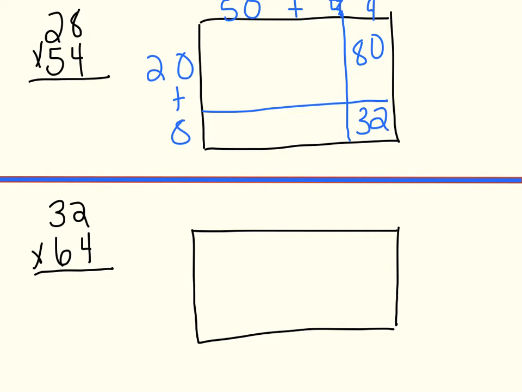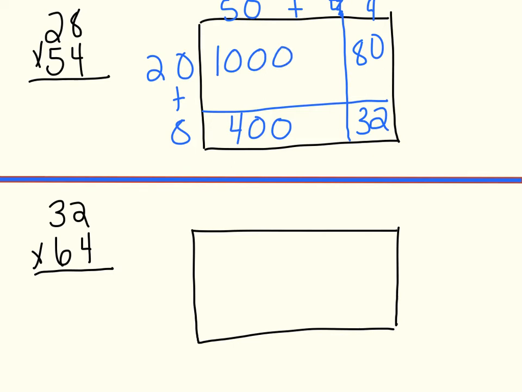And then I'm going to move over and do my 10s times my 1s. So that would be 50 times 8 in this box. And 50 times 8 would be 400. And then I'm going to multiply 50 times 20 in this final box. And 5 times 2 is 10, and we add 2 zeros onto that, follow our pattern.